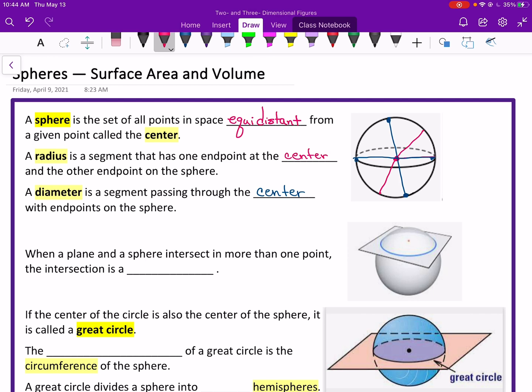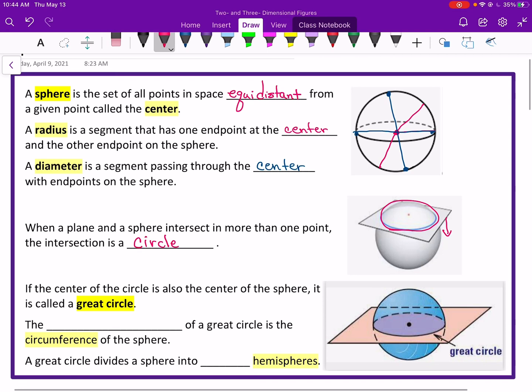When a plane and a sphere intersect, this is like a cross section, and if that plane cuts through in more than one point, then that intersection is a circle. You can see that cross section is going to be a circle. As that plane comes down, the circles are going to get bigger and bigger until the plane goes through the center of the sphere.